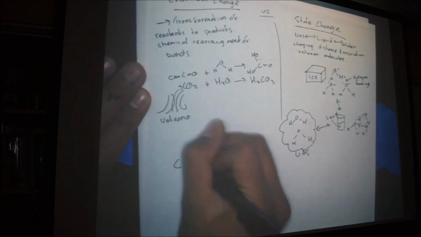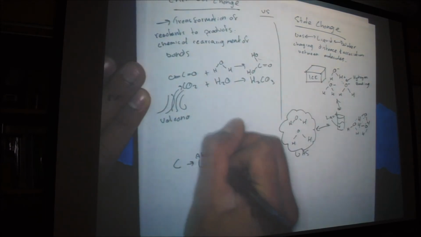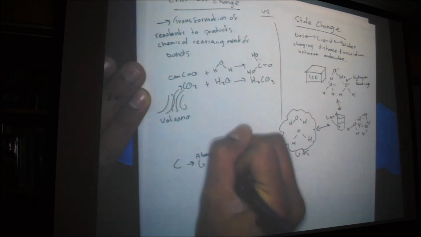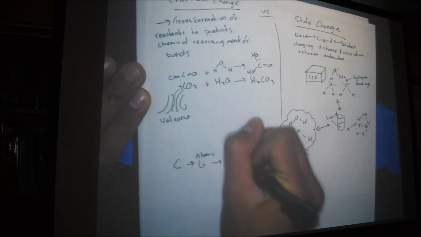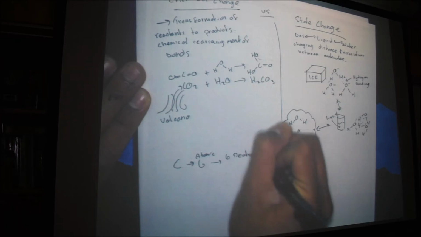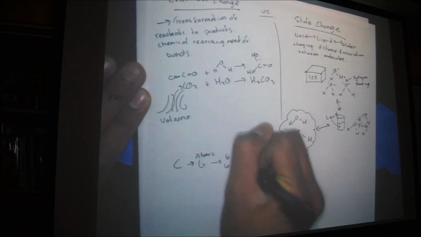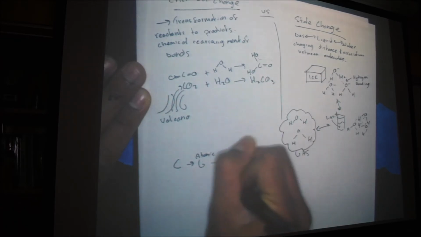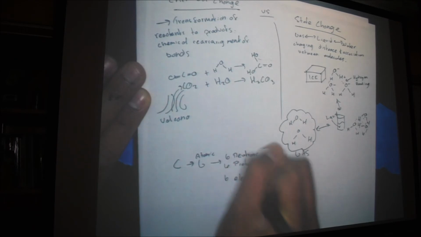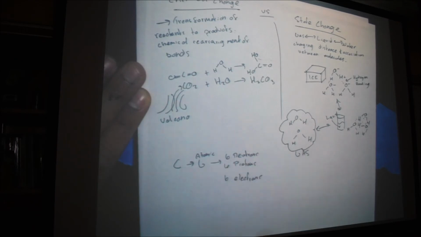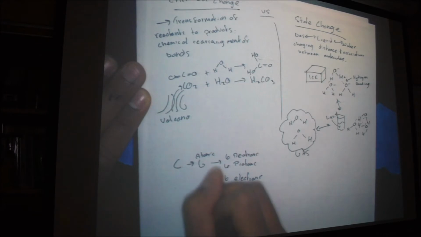So when you look at carbon, carbon has an atomic number of 6. So that means that it has 6 protons, 6 neutrons, and 6 electrons. And just talking about the protons and neutrons, you have 6, and you also have neutrons on the inside too.